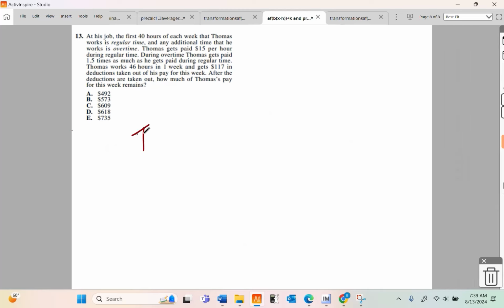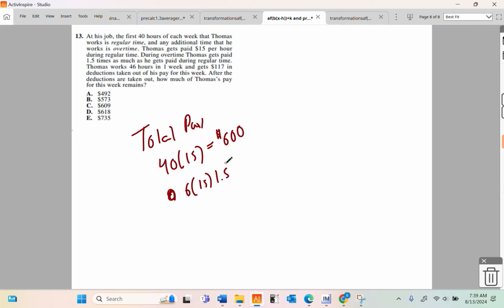So let's think about his total pay. It's going to be 40 times 15, which is going to be, what, 600? That seems right. And then he's got time and a half. He's got 6 hours of time and a half, which is 6 times 15 times 1.5. Now, 1.5 times 6 is 9. 9 times 15 is $135.